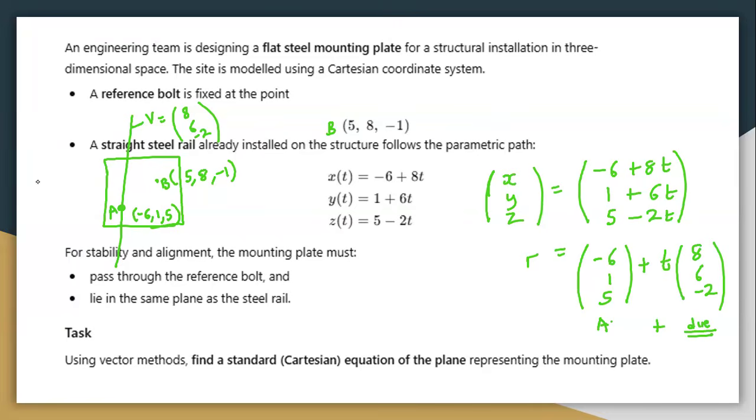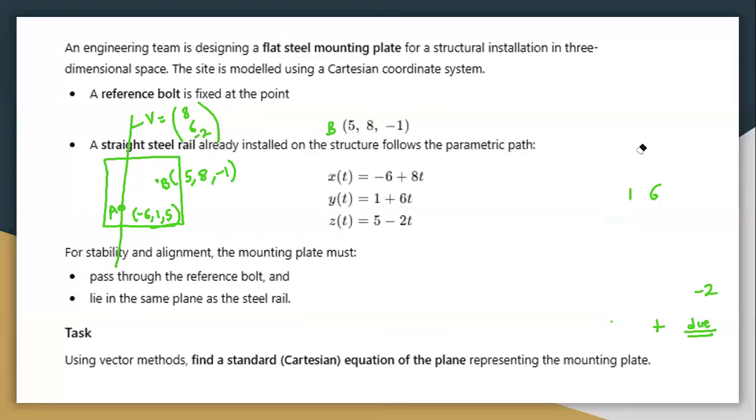Okay, I'm going to repeat this. We said that the format we have here is what we call the parametric form. So if I have x is equal to negative 6 plus 8t, I may decide to write this by taking the negative 6 to this side.